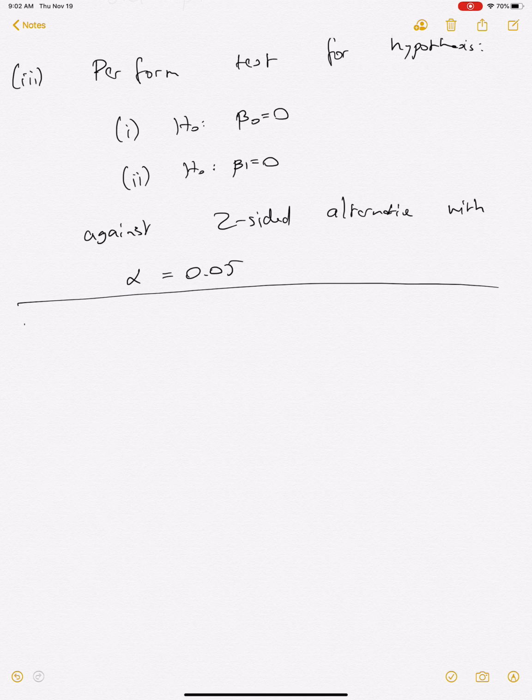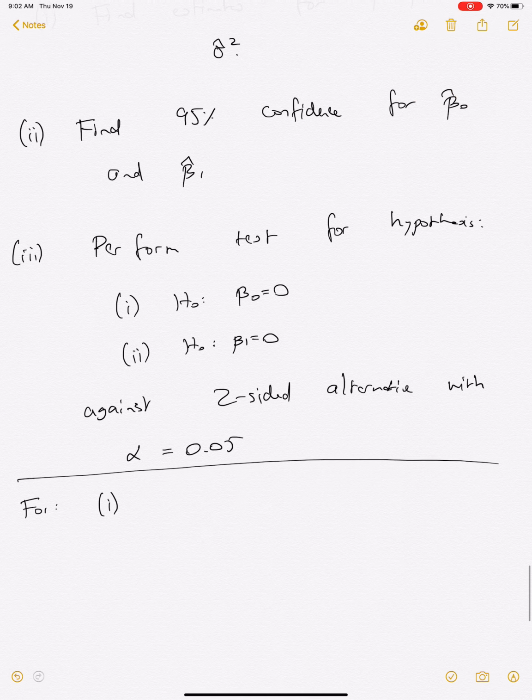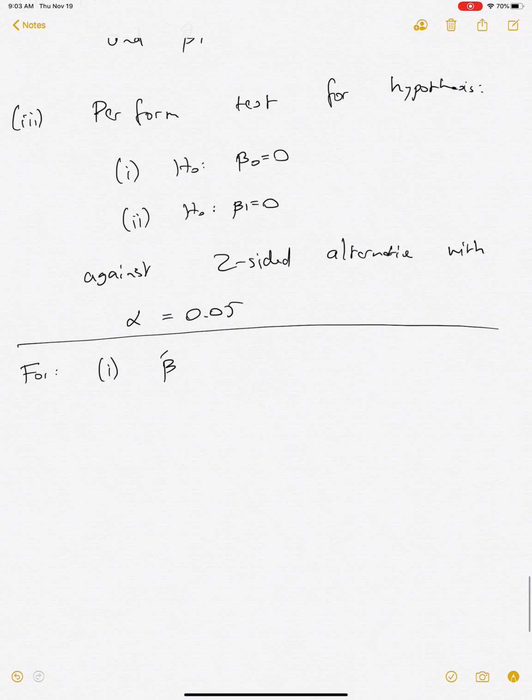So now we'll go through this. For 1, we have that beta hat 1 is rho hat sy over sx, and so that's just equal to: rho hat is a half, sy here is equal to 2 because sy squared is 4, and sx is 1, so it's just a half times 2, which is 1.